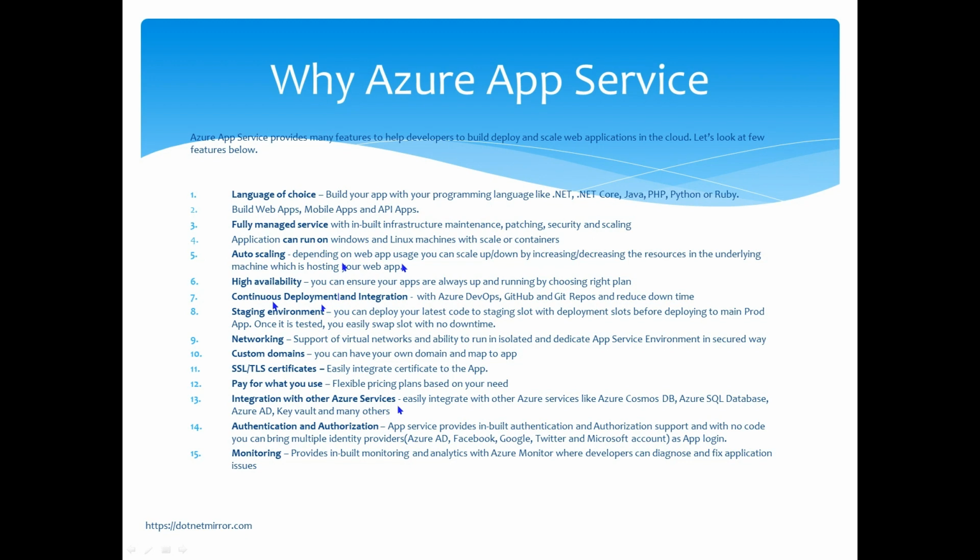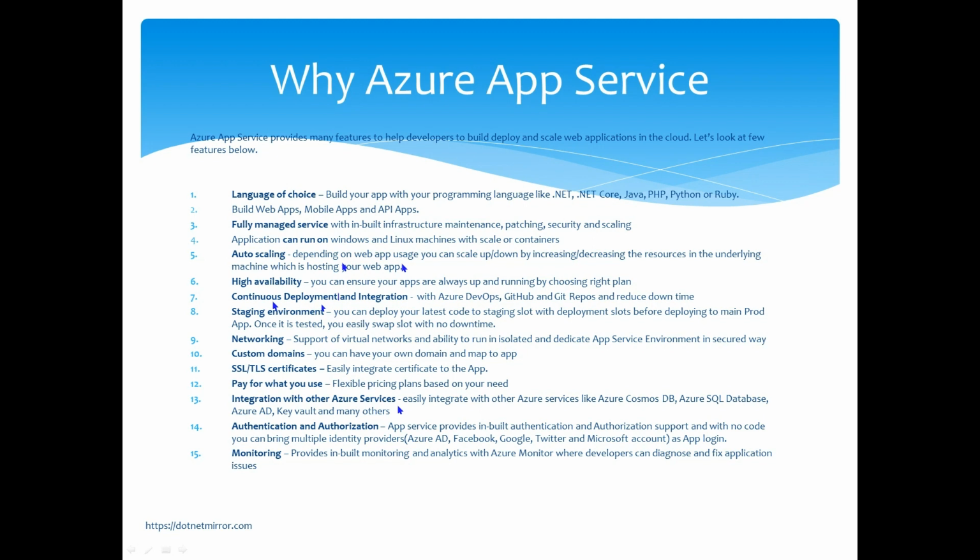The next one is the deployment slot, which means that let's say you deployed your application to Azure App Service. Let's say that you want to make some changes, and before moving them to production you want to test them once. So what you can do is deploy your web app to Azure App Service and make the changes, then configure a deployment slot called a staging slot.